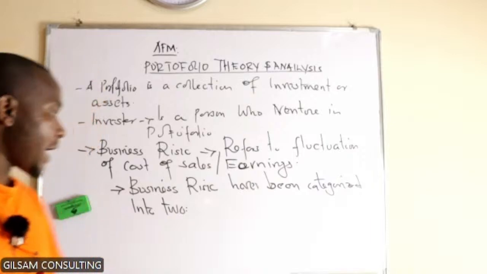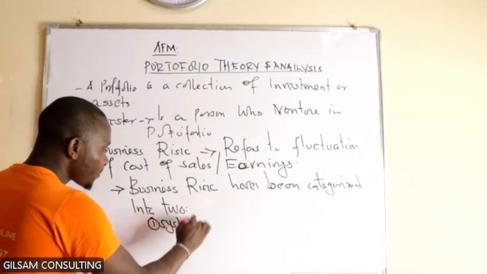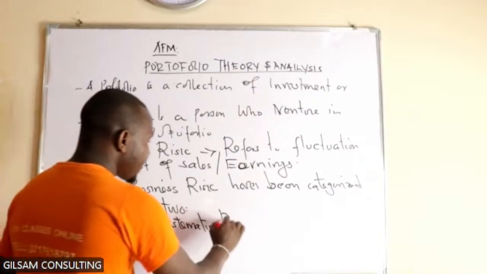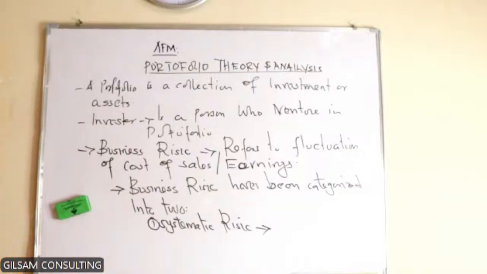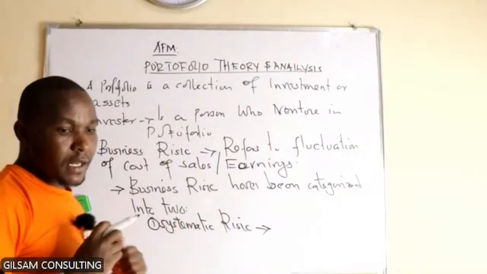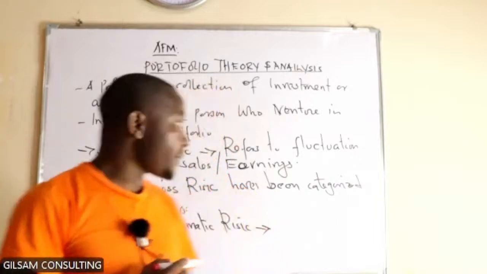Number one, we have what is called systematic risk. Let's define this and say it is the risk that cuts across all the business.